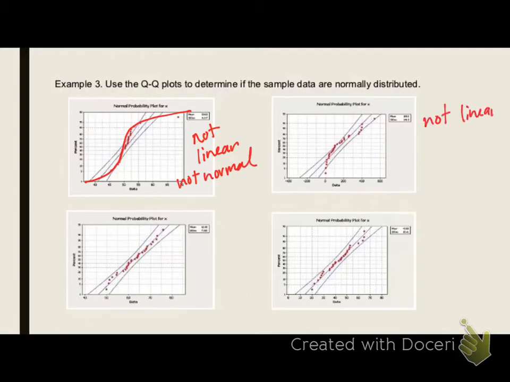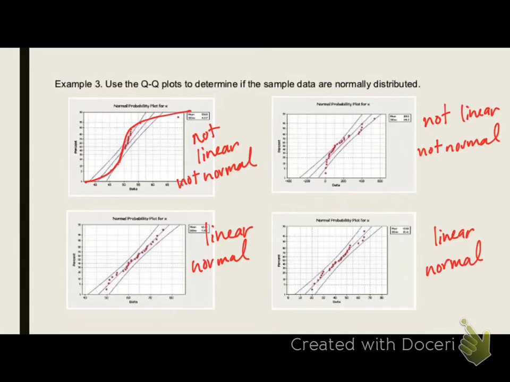Not linear, not normal. Bottom left. Yes, it's good. Linear, normal. What about bottom right? Yes, linear, normal. Okay, last part. So that's being able to identify.